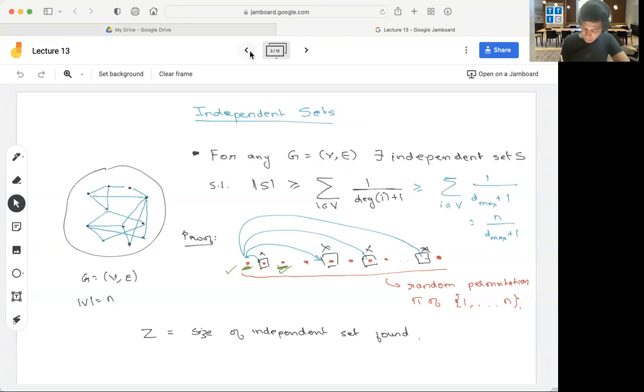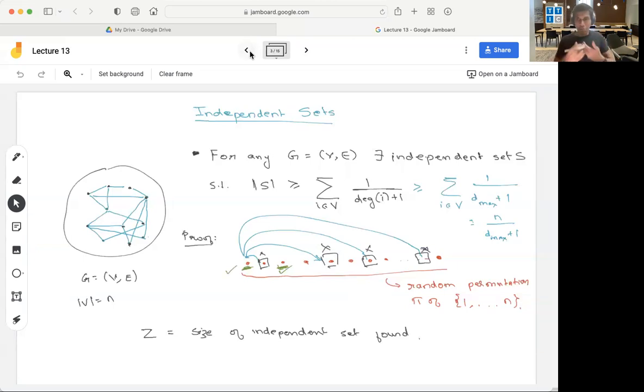This one we had ruled out, so we did not look at it. Then we looked at this one and picked it to be in our independent set because it was not yet ruled out. Then we look at all its neighbors and rule them out. And then we look at the first vertex which we haven't ruled out yet, and so on. So Xi is 1 if i got picked before it was ruled out.